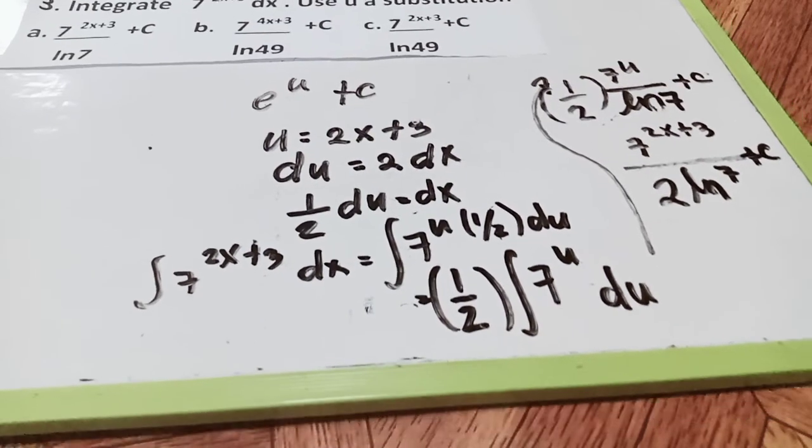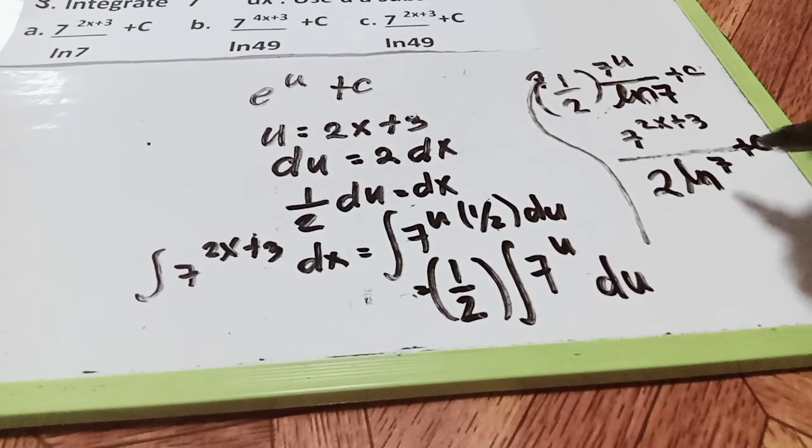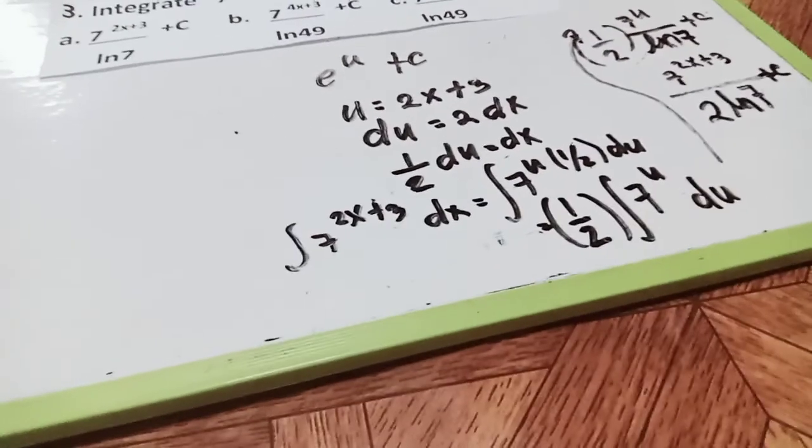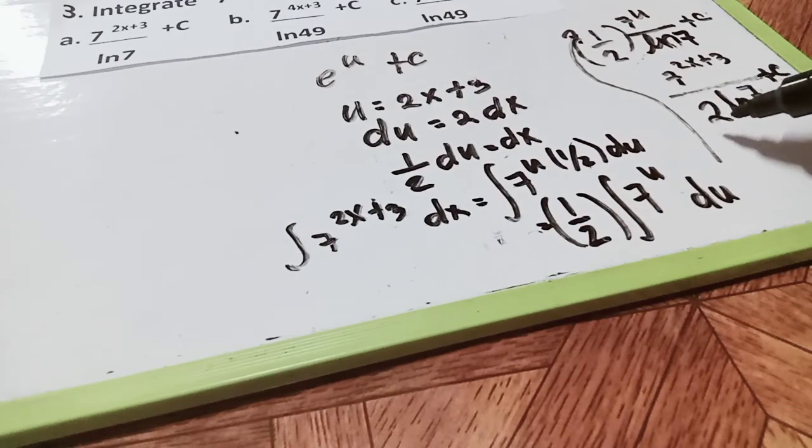And then, suppose this is our ln. So, there is a rule in ln. Take note, what is our rule for the ln? We will have 7 squared.